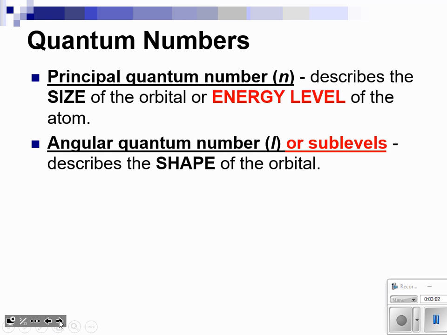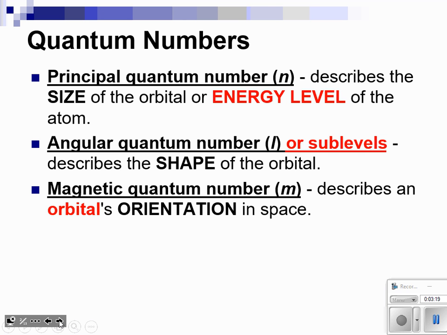The angular quantum number is also called the sublevels. This quantum number tells us the shape of the orbital, and we'll talk about those in a little bit.